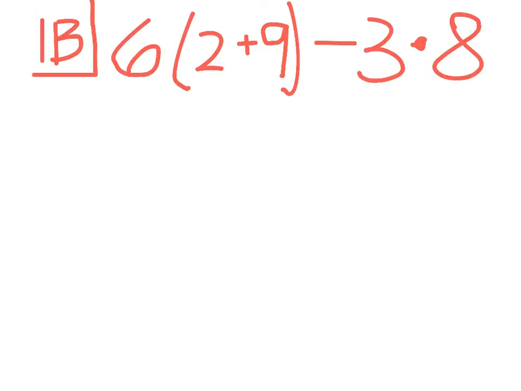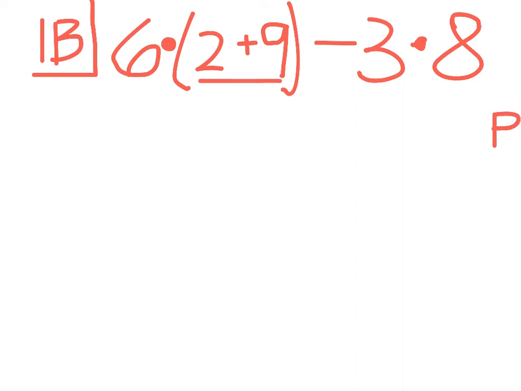Next example is 1B. And this example is 6 parentheses 2 plus 9, parentheses, minus 3 times 8. And first of all, just to make sure everybody knows, anytime a number or letter is written right beside parentheses, it actually means to multiply, so that's going to be important. We're going to start with PEMDAS again. So we do have a P for parentheses.